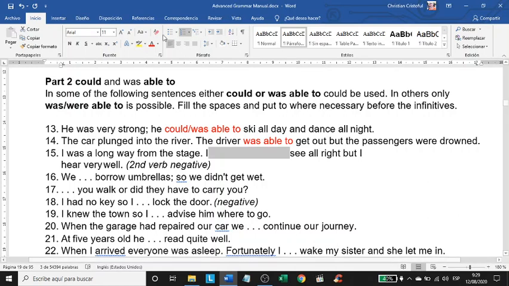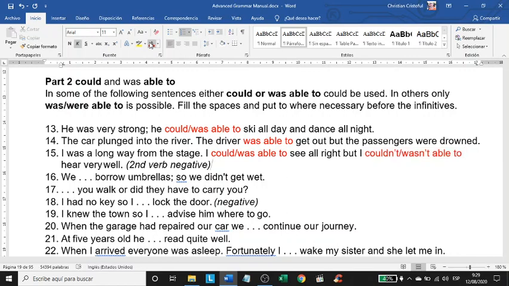Yes, in this case the meaning does not change, so either one is correct. So no problem with meaning. I couldn't hear very well or I wasn't able to hear very well. So be careful with this kind of sentences because of the meaning. If I say the driver could get out, it means possibility, not that he managed to get out. Careful, careful, careful.